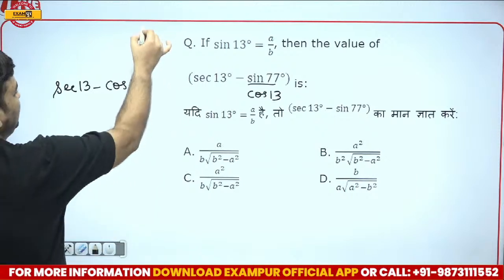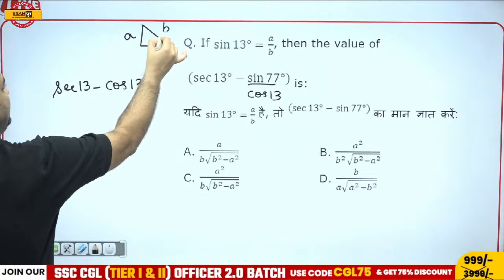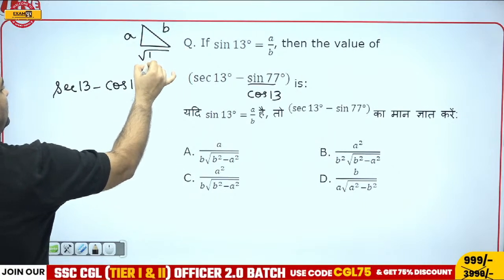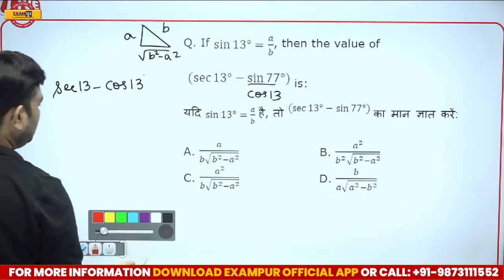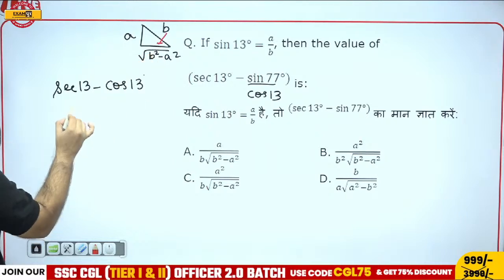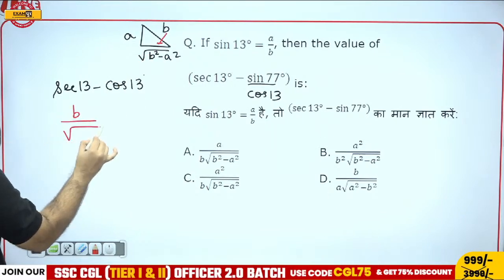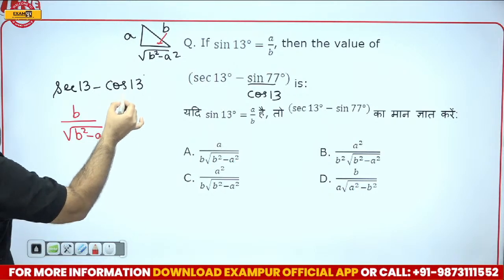Now, sine 13 is A upon B. A is perpendicular, B is hypotenuse, so base is under root of B square minus A square. What is sec? Hypotenuse upon base. And what is cos?